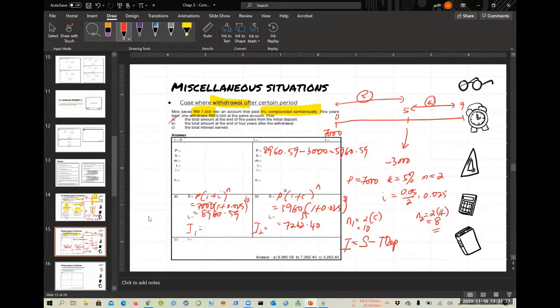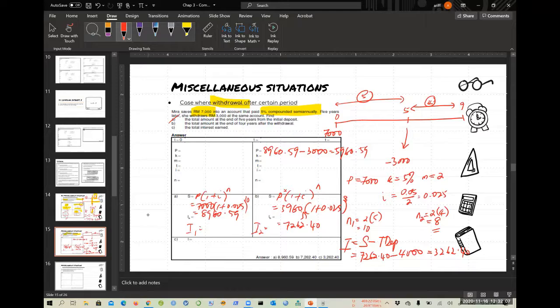So in this case, you have the last value for S is 7262.40 minus, okay, the total deposit will be 7,000 minus 3,000. That is only 4,000. So you get 3262.40. Okay. If you calculate separately also, you will get the same answer.